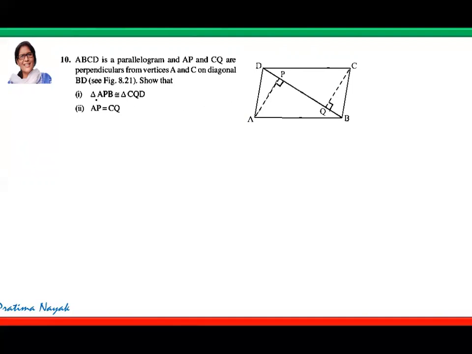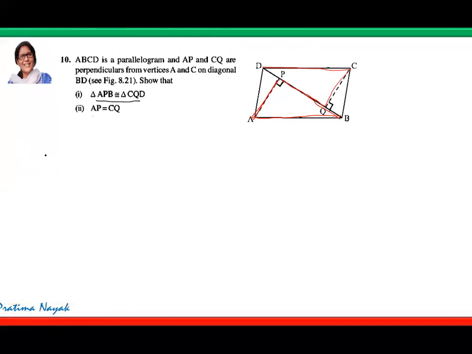We have to prove that triangle APB and triangle CQD are congruent, you have to show. And AP is equal to CQ, you have to prove.